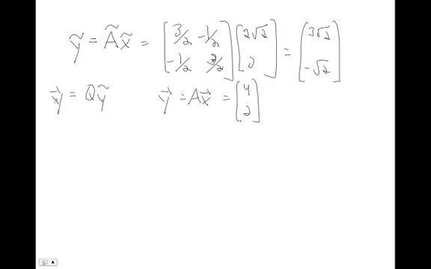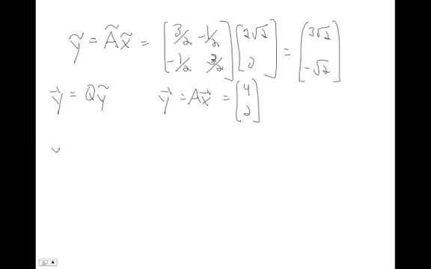So this better give me the same answer. If I take this y tilde and map it through Q, I better get the exact same y. But this y tilde was achieved through this x tilde and A tilde. So let's just do this math and see if it actually pans out.